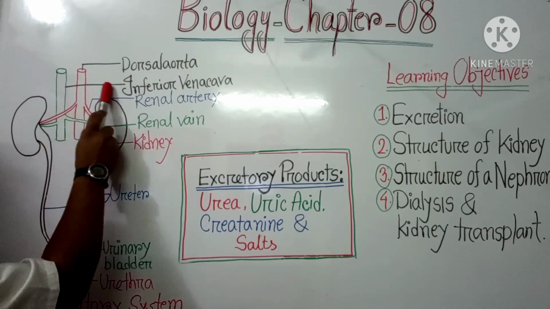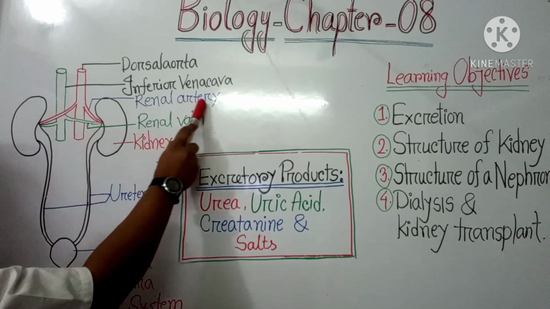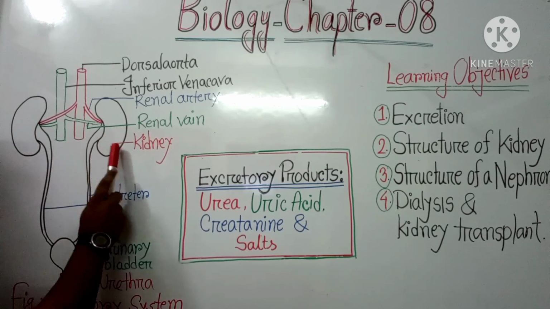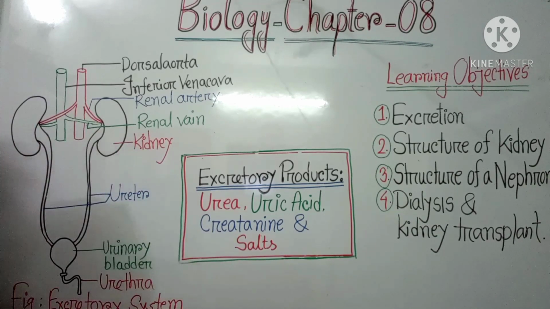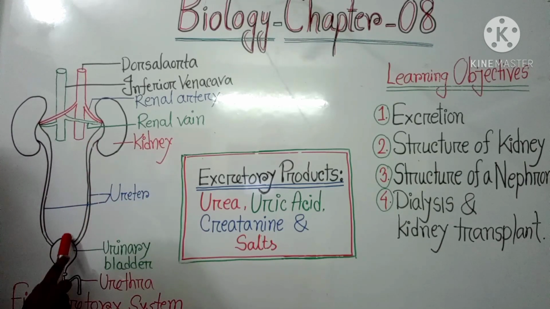This part is the inferior vena cava, and this is the renal artery, and both of these are kidneys, renal vein, and this is called the ureter, and this is the urinary bladder, and the last one is the urethra.